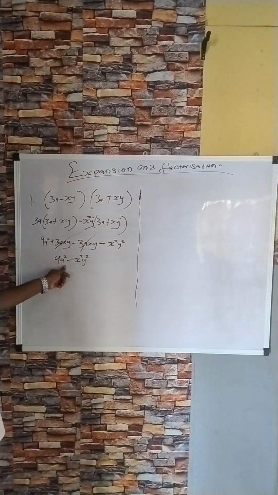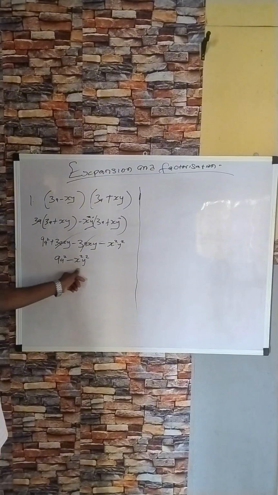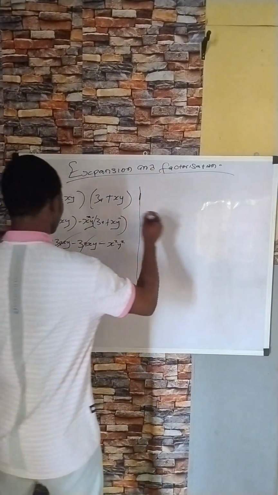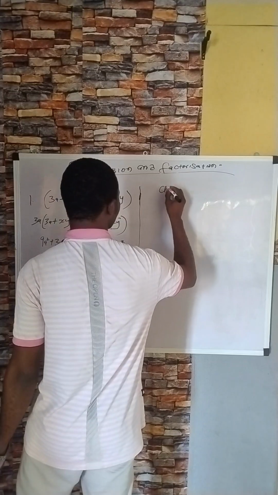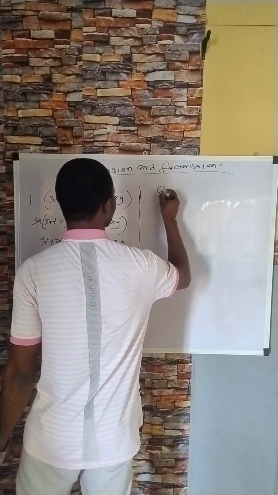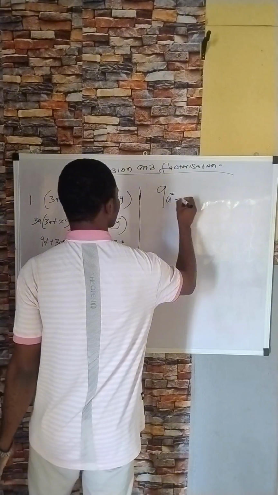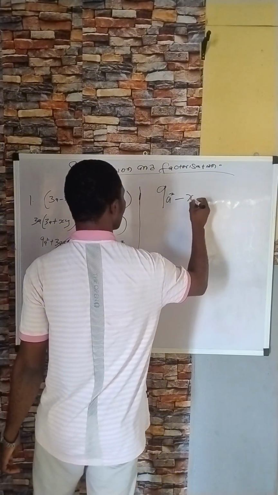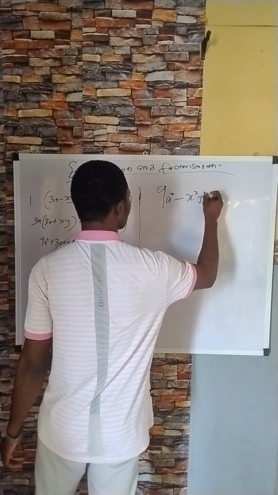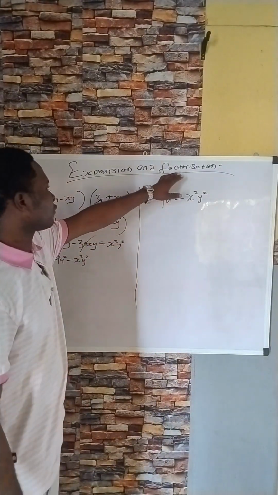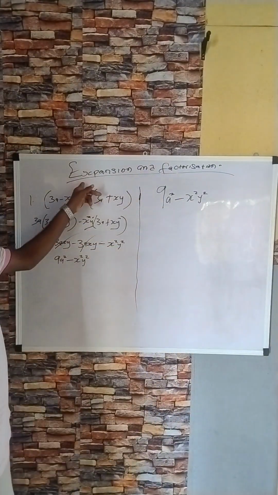So let's write out our simplified answer here and then talk about factorization. What we have here is 9a squared minus x squared y squared. Like we said, factorization is the opposite of this.